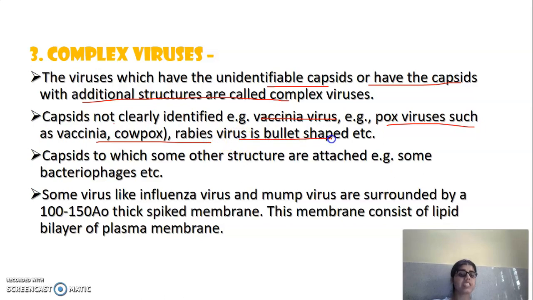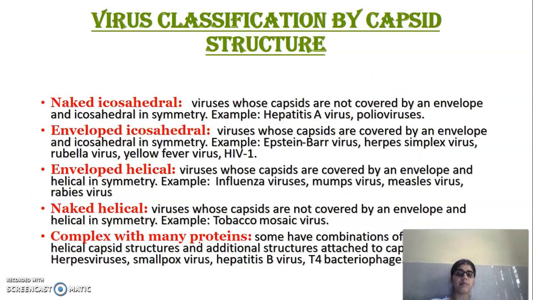Rabies virus is bullet-shaped. Capsids to which some other structures are attached, for example bacteriophages, are complex viruses. Some viruses like influenza virus and mumps virus are surrounded by a 100 to 150 angstrom thick spiked membrane. These membranes consist of a lipid bilayer or plasma membrane.